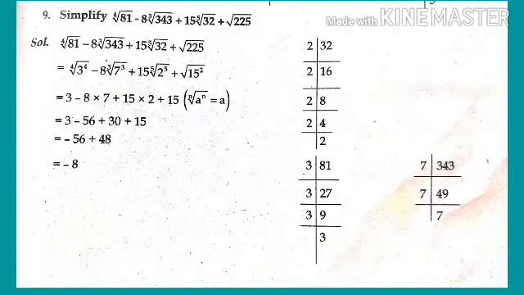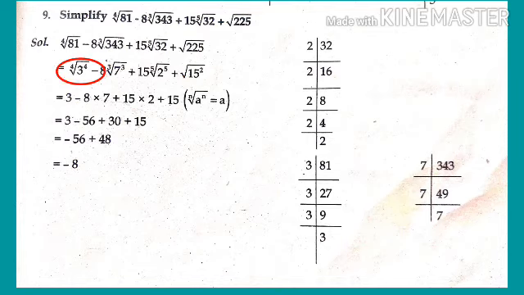Number 9. Simplify 4th root 81 minus 8 into cube root 343 plus 15 into 5th root 32 plus square root of 225. Solution. That is equal to 4th root 81, we can write 3 power 4, minus 8 into cube root 343, we write 7 cube, plus 15 into 5th root 32, we can write 2 power 5, plus, and 225 we write 15 square.